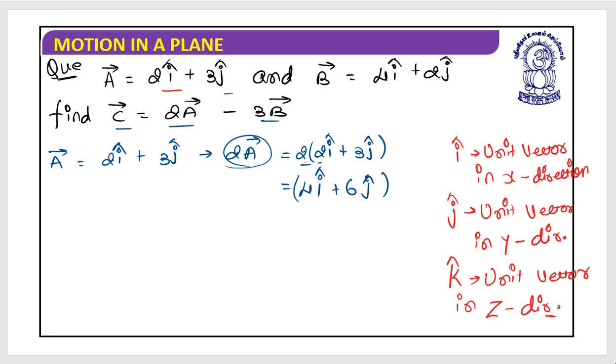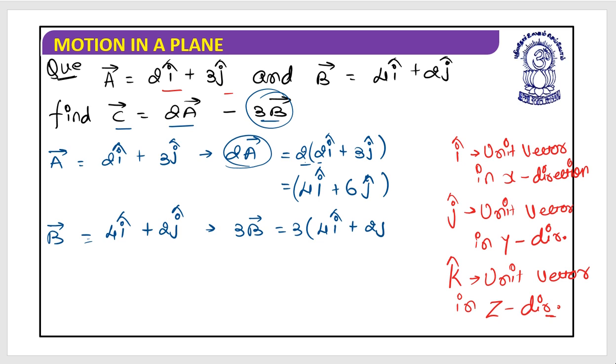Yes. Now what is your B? B is 4i cap plus 2j cap, so 3B is 3 multiplied by 4i plus 2j, which equals 3 fours are 12i plus 3 twos are 6j.